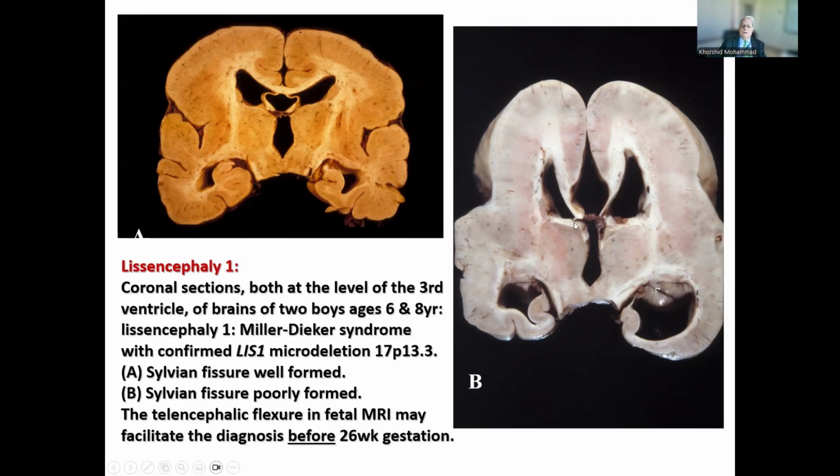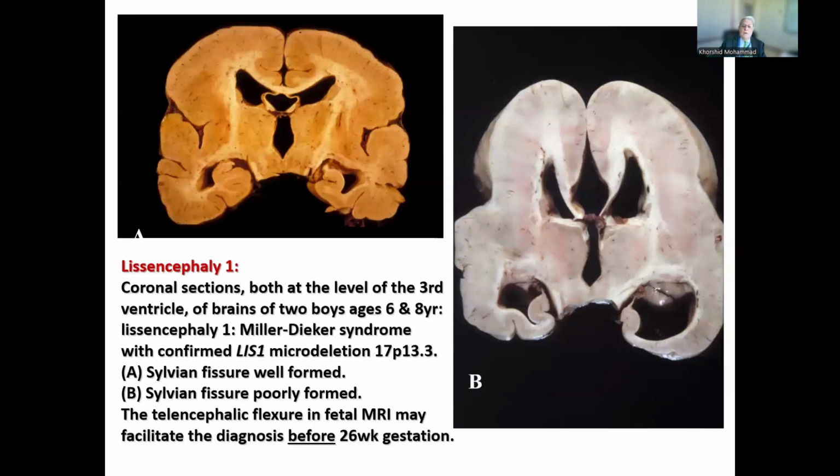The other brain, labeled B, on the right, is also lissencephalic, but look at the Sylvian fissures. They are very poorly formed, just very shallow opercula compared with this one. And yet both of these children of similar age have the same genetic defect.